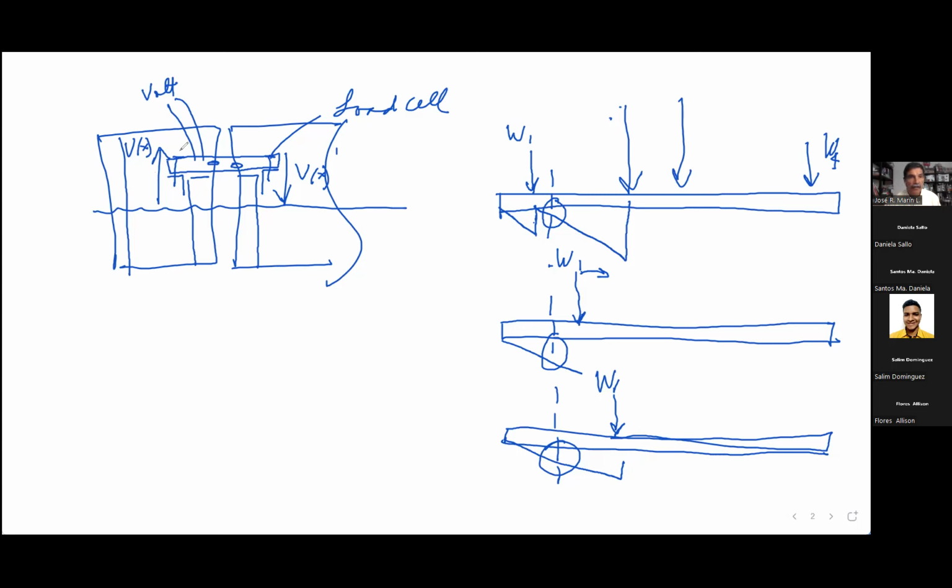Then instead of the weight being here, we're going to move it to this side. According to our analysis, once you move it to the right, there should be no change in the loading force. Let's see. Theoretically, that's what should happen. Okay?